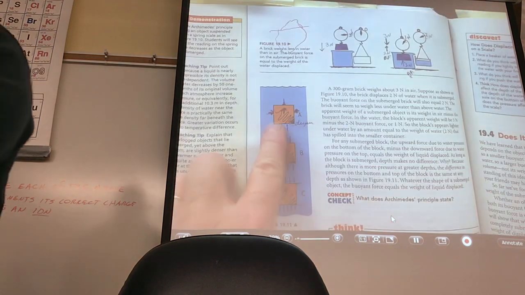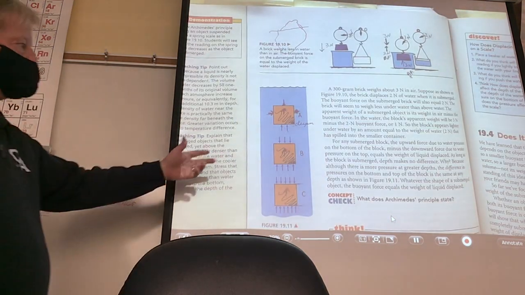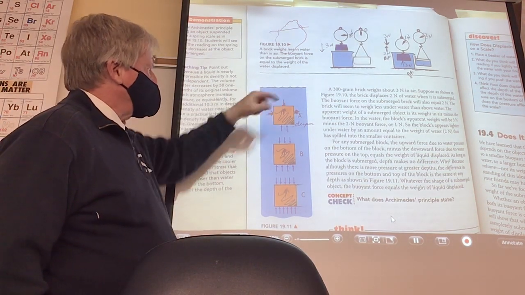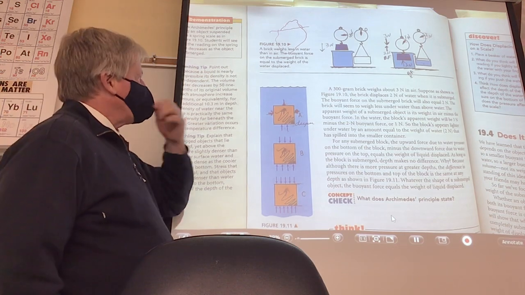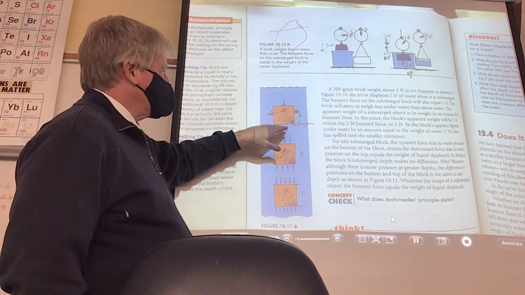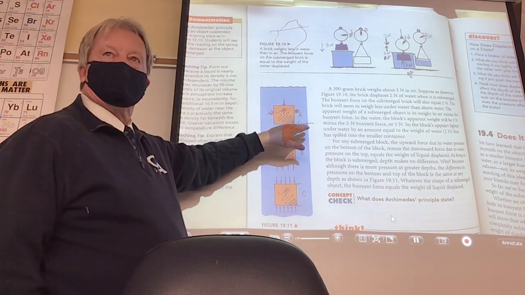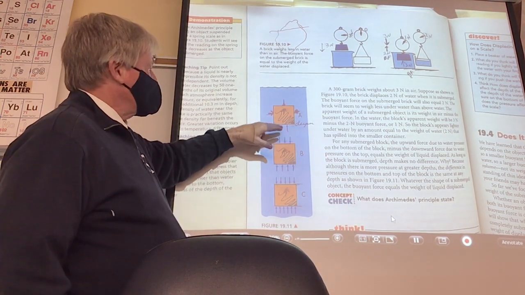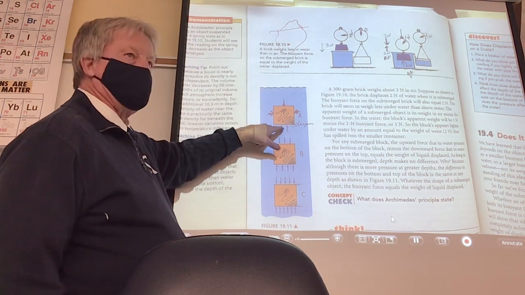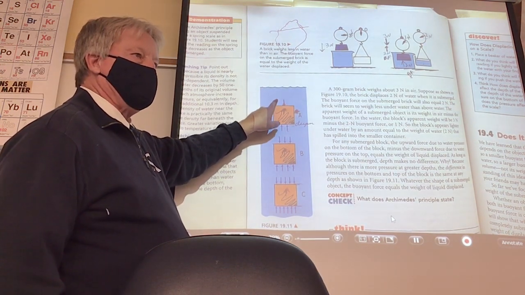So even this drawing here, when you do your homework, if I look up here at the top, the amount of pressure on the top is less than this. It's greater on the bottom because it's deeper. Remember depth? And so what's the difference in pressure now? Let's say it's 1 down and 2 up. There's still going to be a buoyant force of 1 up.